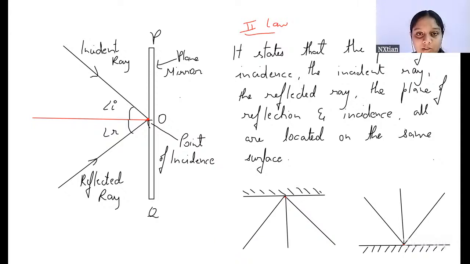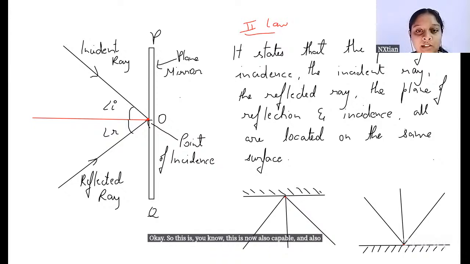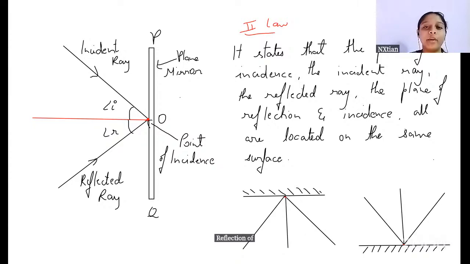Okay, so this is the law. Is this law also the same if you kick a ball and there is a perpendicular line, then the angle when you kick it is the same as how it bounces, or does it only apply to light? See, Suman, basically this only applies to reflection of light. Why? Because light always travels in a straight line.